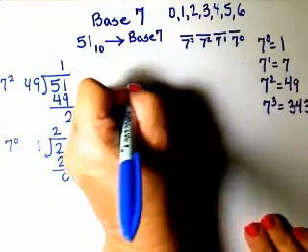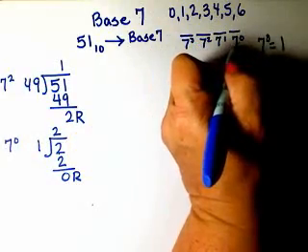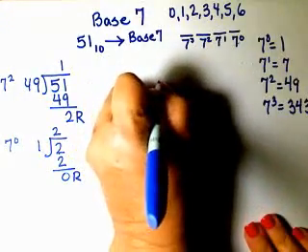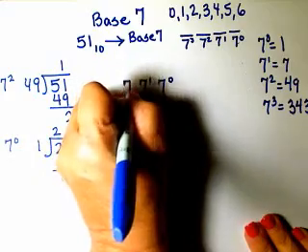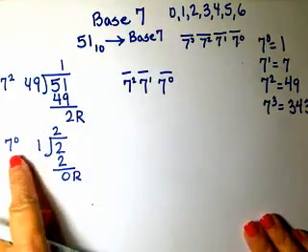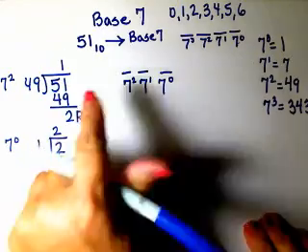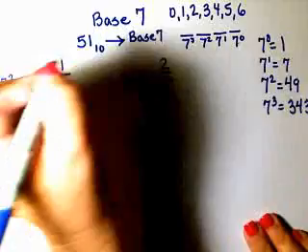Then I do my place value just like we did before. We have 7 to the 0 power, 7 to the first, and 7 to the second. 7 to the 0 power is 2. 7 to the second power is 1.